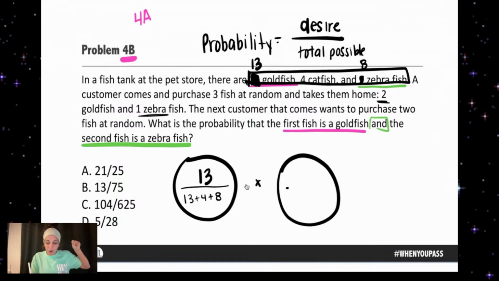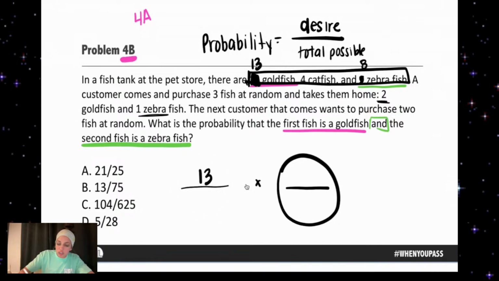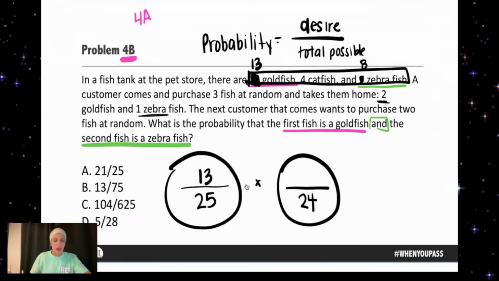So now for my second probability, 13 plus 4 plus 8 is 25, but there's not 25 fish in the tank anymore. There's only 24 fish in the tank now. And the second fish is a zebrafish. Well, the first fish was a goldfish, so the 8 didn't change. So I still have 8.